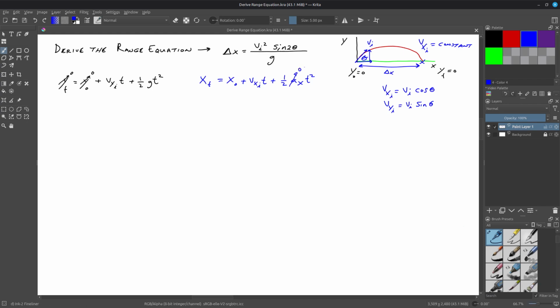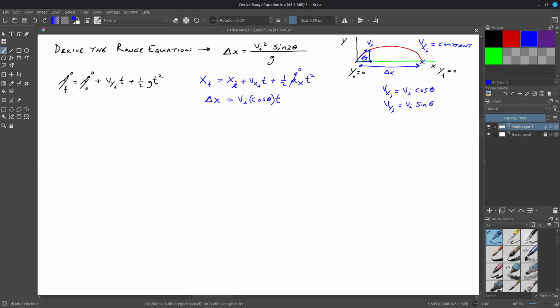I noticed that I used not; that should be an I. I'm old school, the old school notation is x naught. So Vxi, that's initial. I'm going to bring this x initial over, and delta x is going to be equal to V initial cosine theta times t.